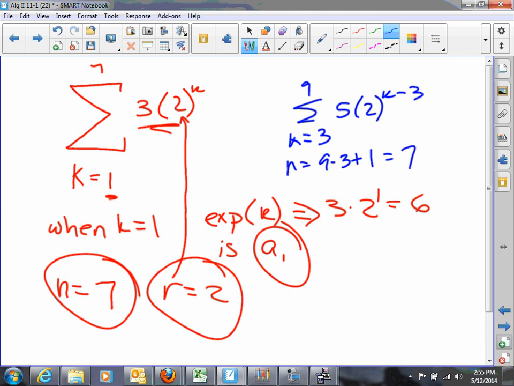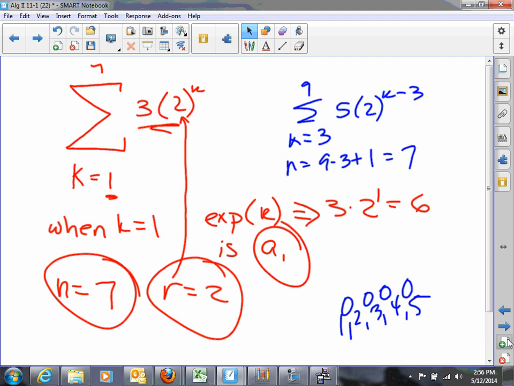Same number here. And notice, if you have 1, 2, 3, 4, 5, and I were to ask you how many numbers are there, you would say, well, there's 5. But if you were to subtract the first number from the last number, you would get 4. Remember, when you're subtracting the first number from the last number, you're really counting how many spaces there are in between the numbers. There's always one more number than there are spaces between them.